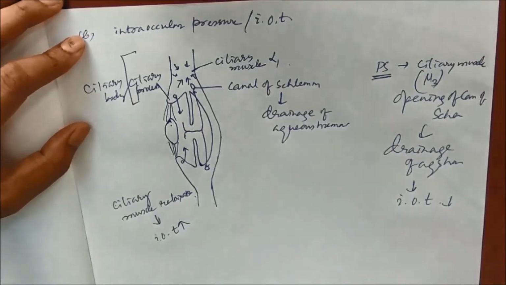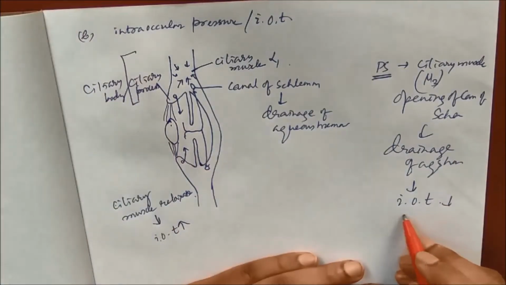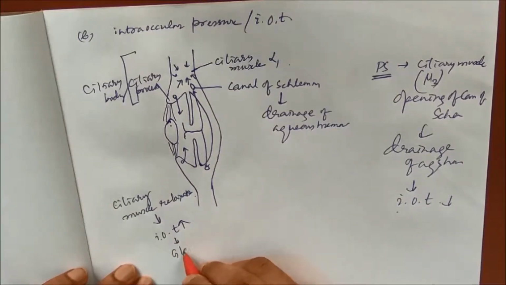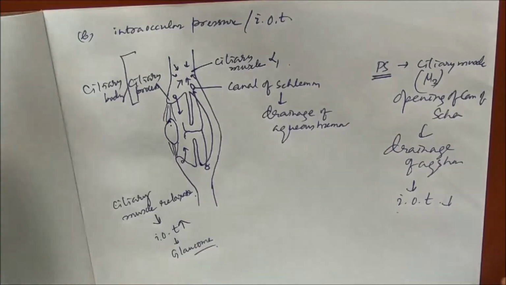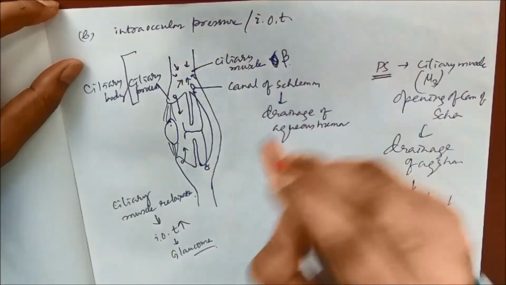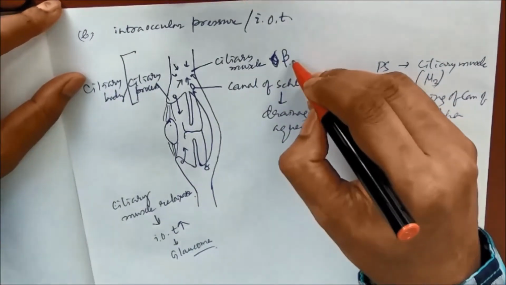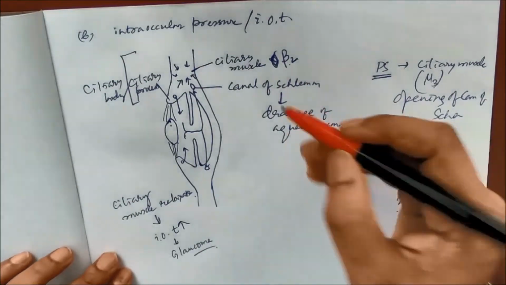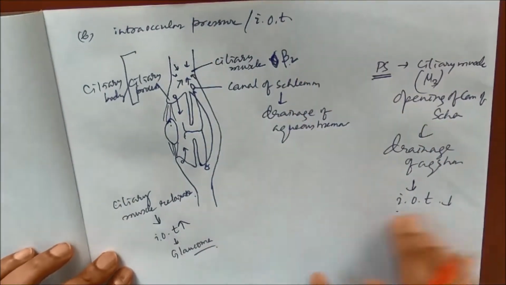When intraocular tension increases, that causes glaucoma. Sorry, here the beta 2 receptor is there, so a beta blocker can be used in glaucoma.